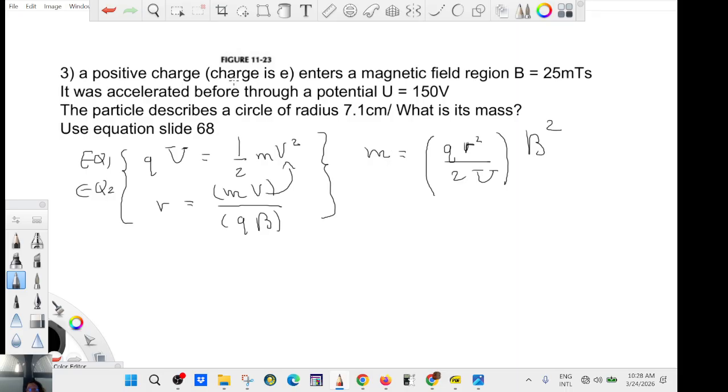Positive, so it says E, so E is 1.6 times 10 to the negative 19. That's milli. And the radius is 0.071 meters. Okay, so plugging in.